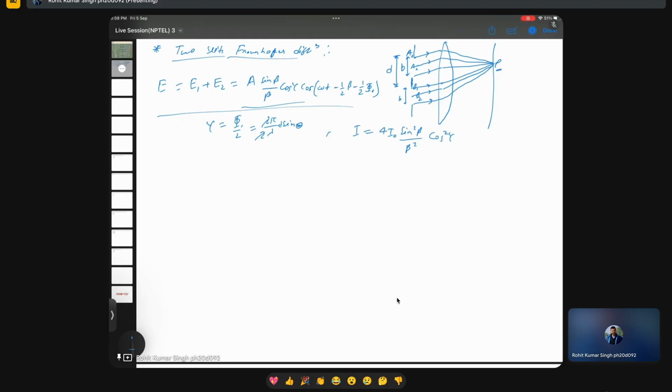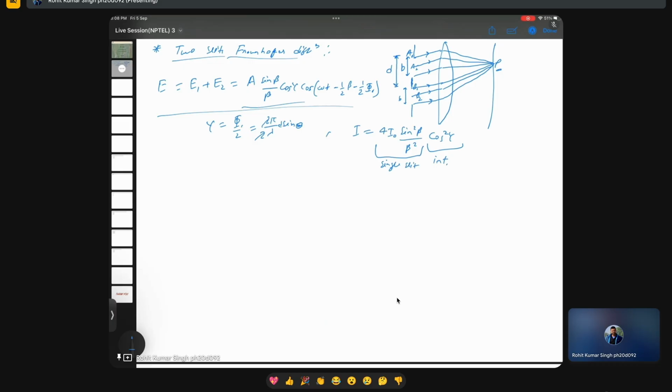We can recognize this one as the diffraction due to a single slit, the single slit term, and this is due to the interference from the two slits.